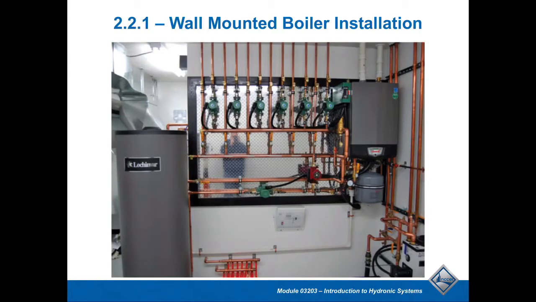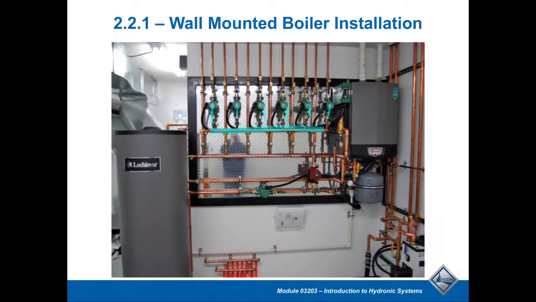So here's another example of an install of probably a Lochinvar system, very nice looking system. You'll notice that they're zoning it by pumps. So they have pump 1, 2, 3, 4, 5, 6 pumps on this application just for that zone.